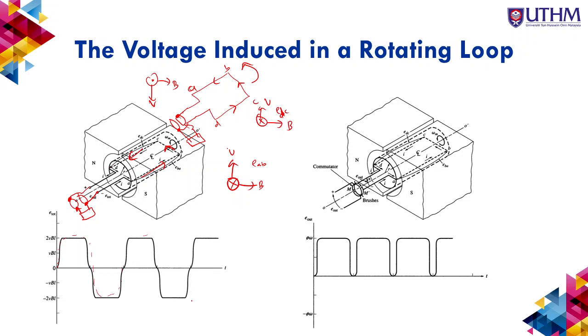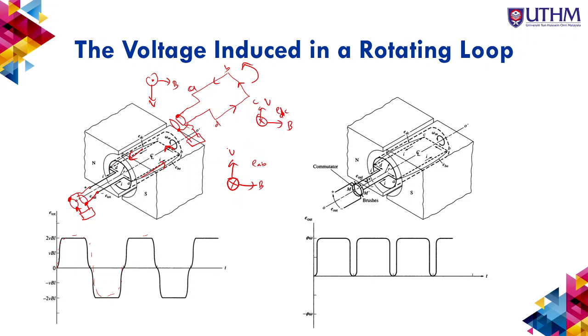In order to get the DC value, or DC voltage, the direction of the current flow for each coil must always be at the same point.